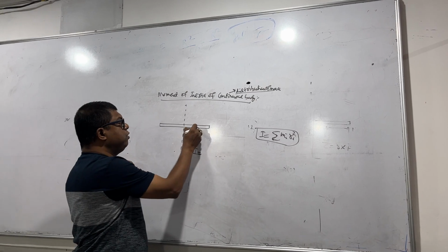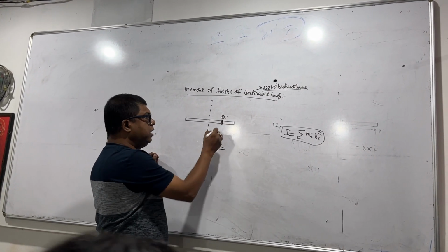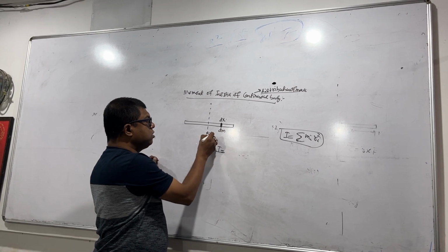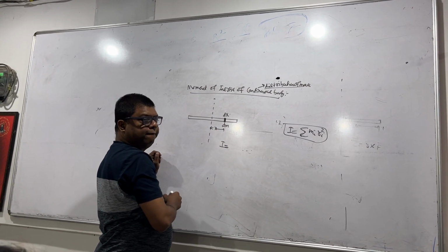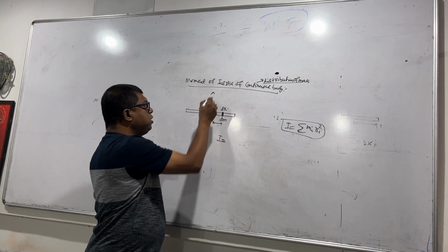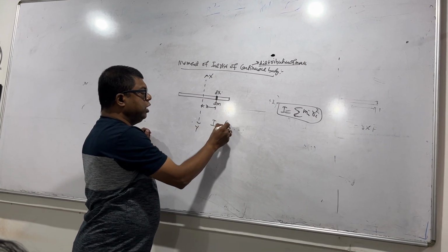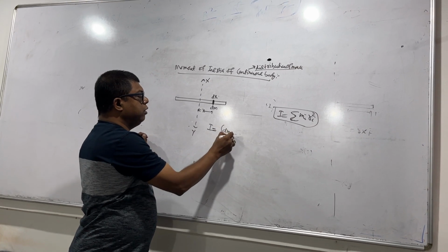If you take a small elemental portion dx, its mass is dm, and the axis of rotation is as shown. The moment of inertia about this axis is I equal to the integral of dm into x square.